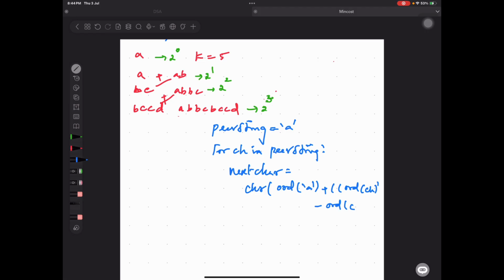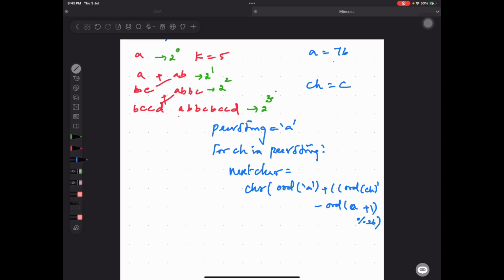For example, let's take ch equals "c" and the ASCII value of "a" as 76.